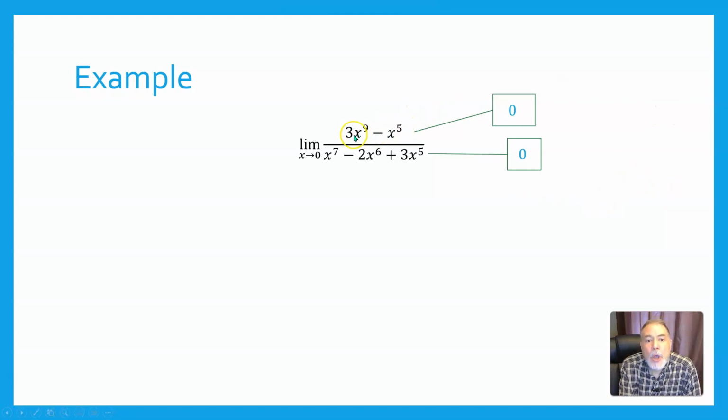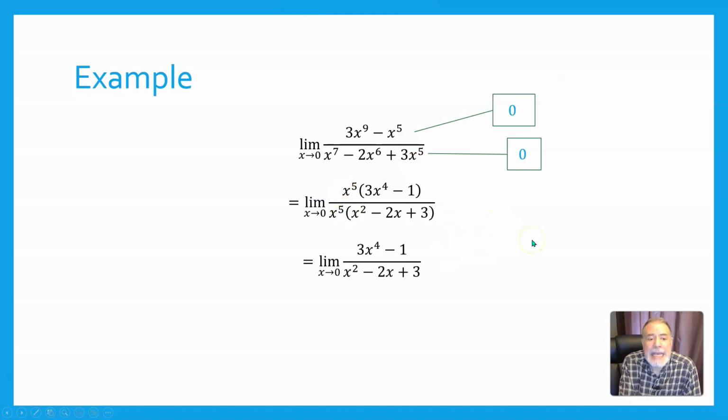But on top, we can factor out the greatest common factor, which would be x to the 5th power. And on the bottom, the greatest common factor would also be x to the 5th power. So we can factor those out and then divide out that common factor of x to the 5th. And now look what happens as x approaches 0. Now on top, we get 0 minus 1, or just negative 1. On the bottom, we get 0 minus 0 plus 3, or just 3. And so the limit is negative 1 over 3. That is negative 1/3.